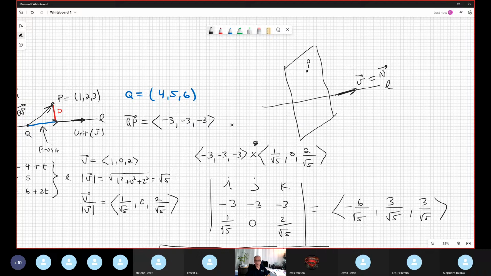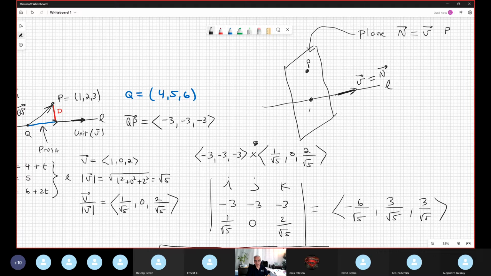To find the equation of the plane, we need two pieces of information: a normal vector, which equals the direction vector of the line, and a point P, the point given in the problem. So you find the equation of this plane, and the intersection between the line and the plane is easy, and you find this famous point.